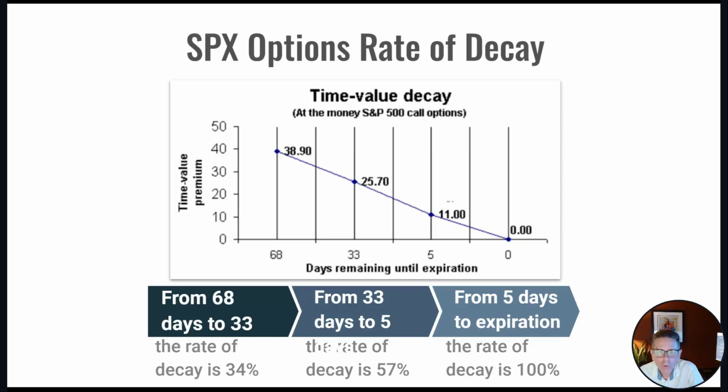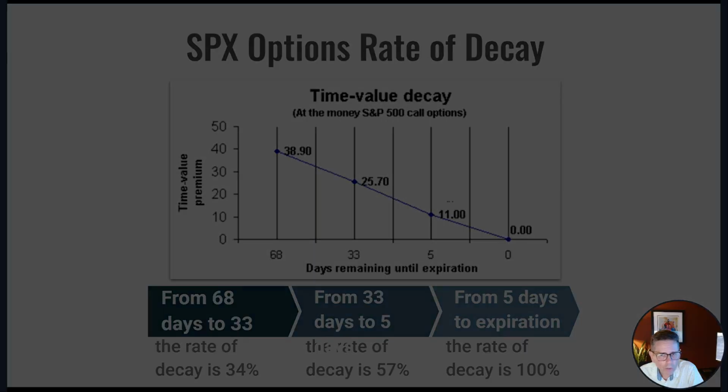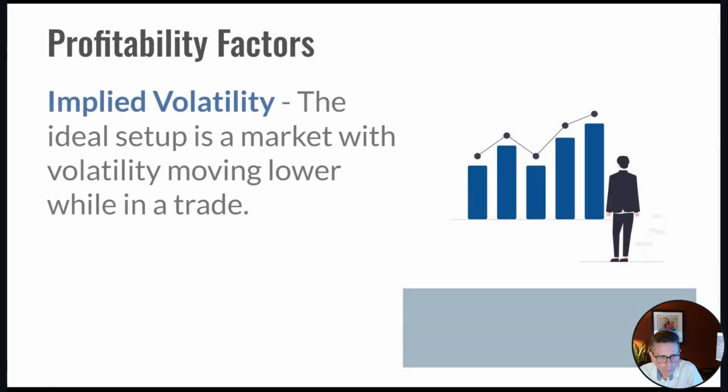Okay, so let's talk about the profitability factors. We look at the implied volatility. Implied volatility is basically something you can't see or hear, but it's one of the factors in options. When the market begins to open, the volatility is most of the time bigger than the rest of the session.